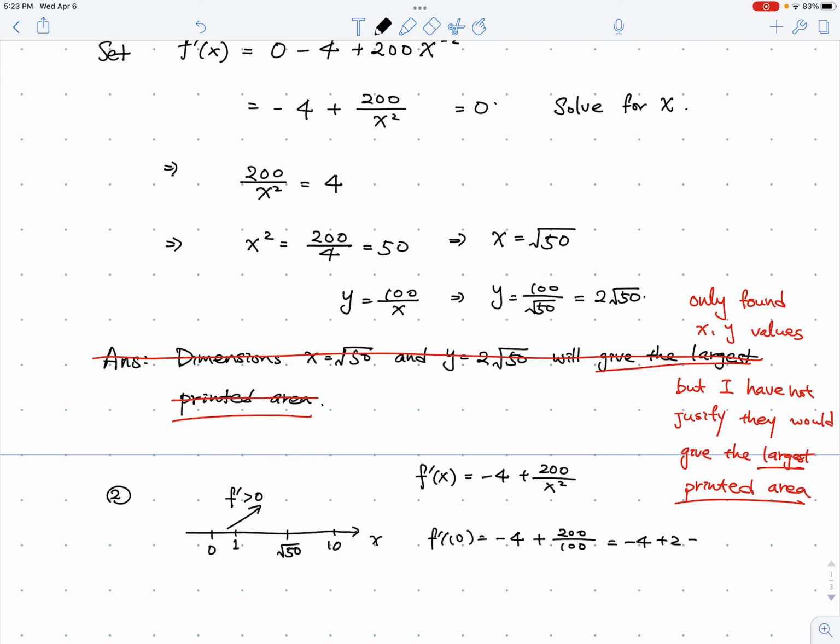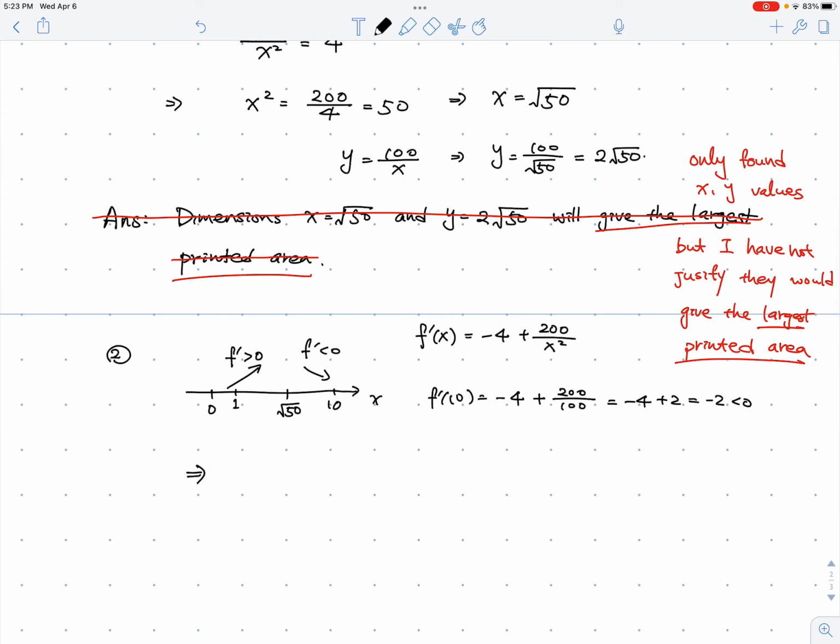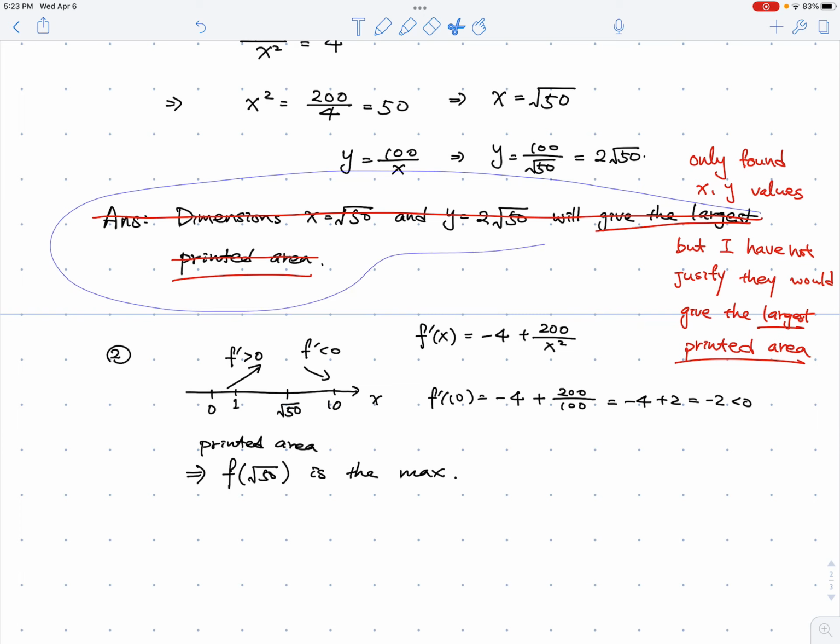So this is minus 4 plus 2, which is negative. So f prime is negative. Function decreases. So it increases before root 50 and decreases afterwards. So this now tells us f of root 50, which is the printed area, is the maximum.